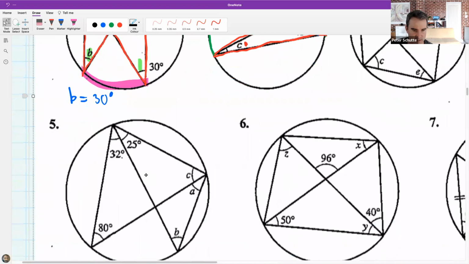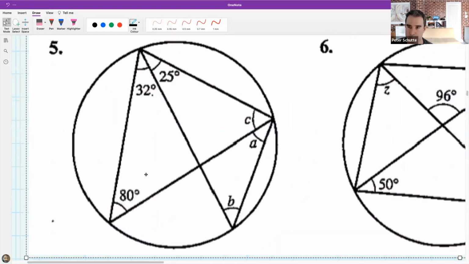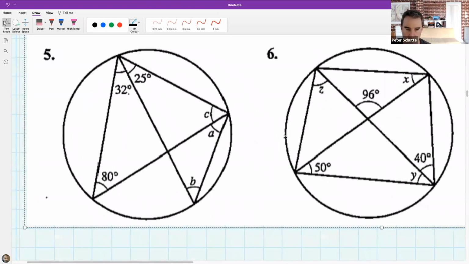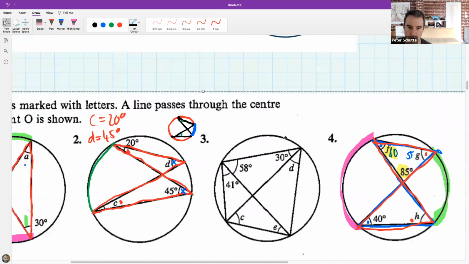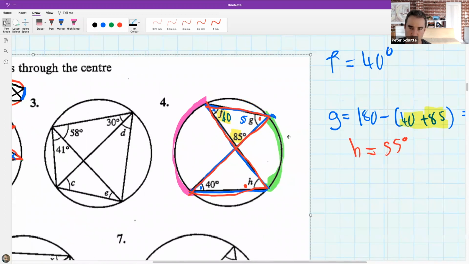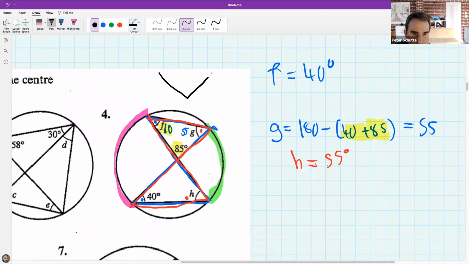Okay, let us try. Mr. Ace, is it possible to explain why in the previous one F and G can't be equal? Okay, let's have a look. If we look at where F and G are hanging out, they're in this triangle over here.